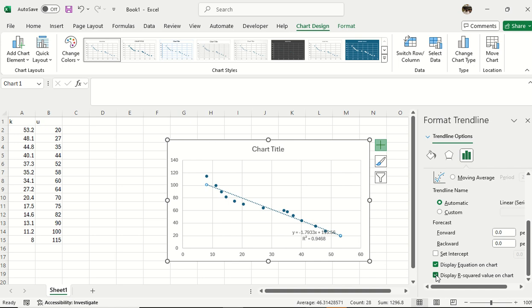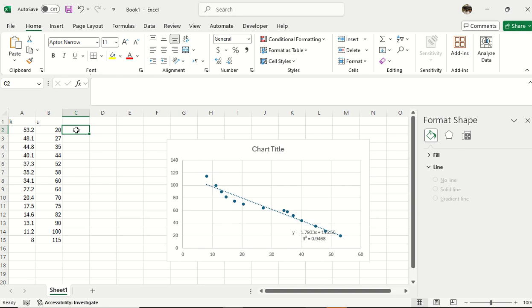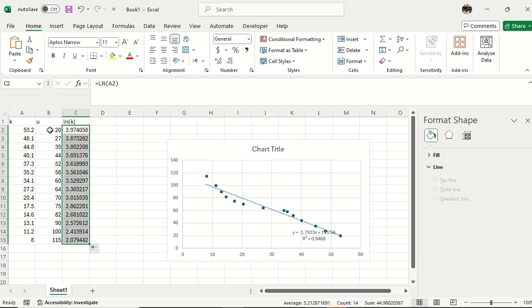Clear? I can do the same thing for the log of k. Excel gives me the option to do log of k as well. So I will take the log of every number, and now you can plot the graph between u and log of k.